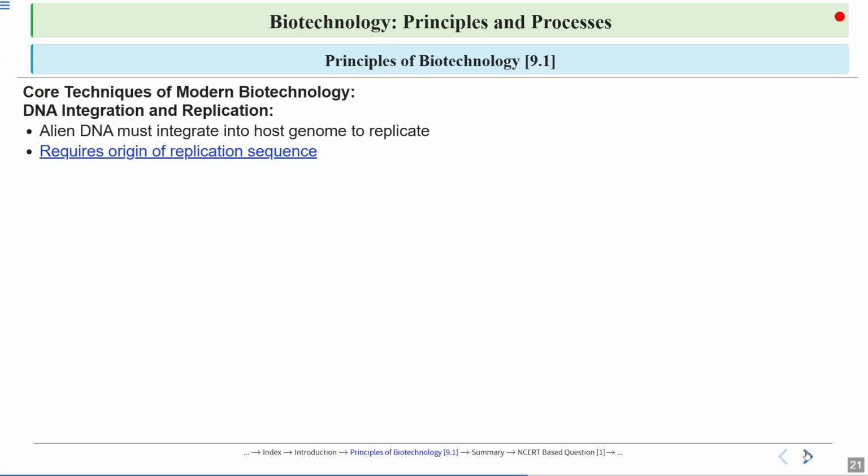So we have to make sure that our alien DNA goes and binds near the ori, that is, the origin of replication. This is important because it should integrate into the host genome. It should be near the origin of replication sequence because this will make it a part of the chromosome for inheritance. Otherwise it is not possible.